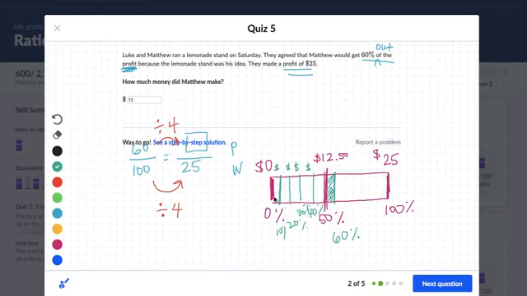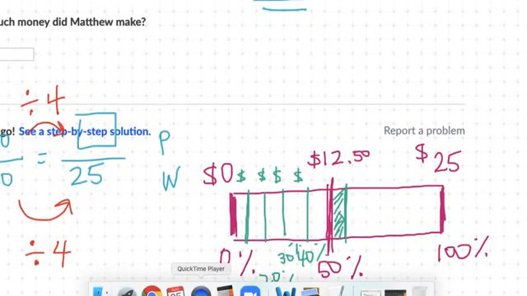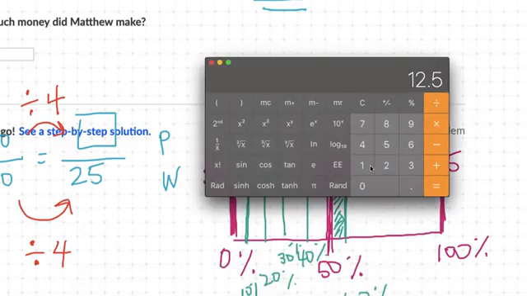So we have to figure out what each of these 5 pieces is worth. So it's $12.50 divided into 5 pieces. That'll tell me what each of those 10% is worth. Okay, so $12.50 divided by 5. Each of those is $2.50.